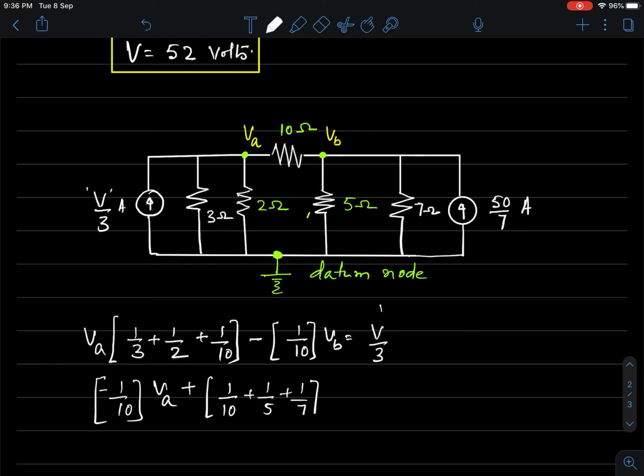This entire thing has to be multiplied with VB, equal to current entering the node, 50 by 7. So you can even retain the voltage source and do it, or convert the voltage sources into current sources and do it. Once the equations are ready, all you have to do is apply the condition that for the current through 10 ohm to be 0, VA should be equal to VB, and we equate and get the result.